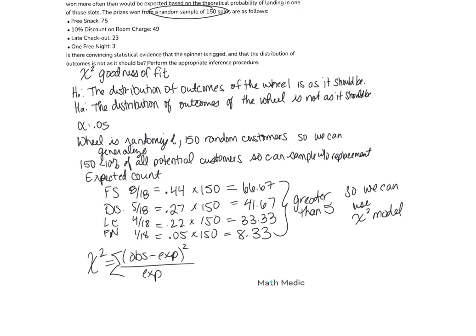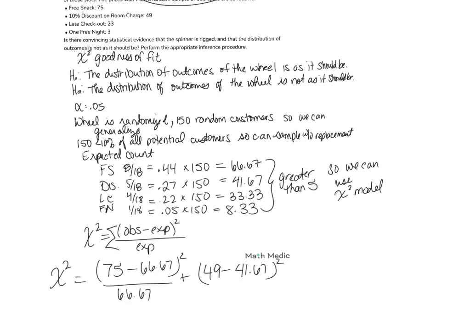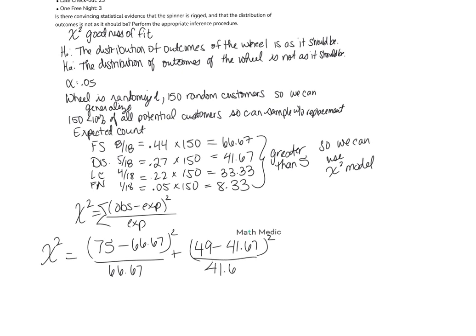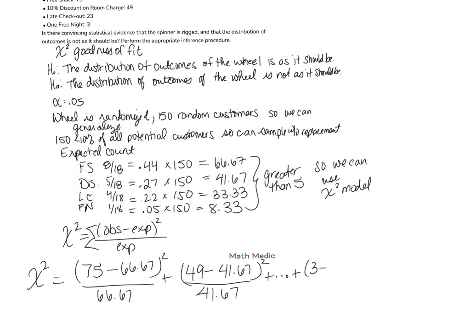So we had 75 snacks observed, so 75 minus the expected of 66.67 squared divided by 66.67 plus 49 10% discounts minus 41.67 squared divided by 41.67 plus dot, dot, dot. So I'm going to write the first two plugged in, and then I'm going to do the last one. 3 minus 8.33 squared divided by 8.33.